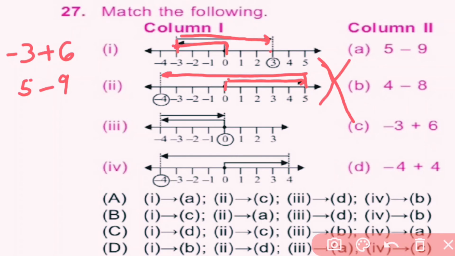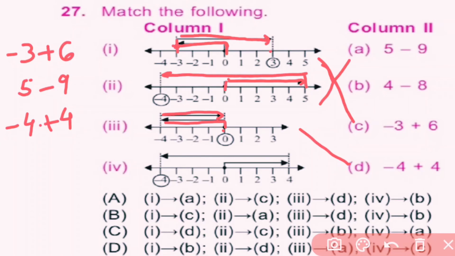Option 3, from 0 to minus 4. So minus 4, and this direction means addition, and from minus 4 to 0, 4 unit. So for 3, D option is right.